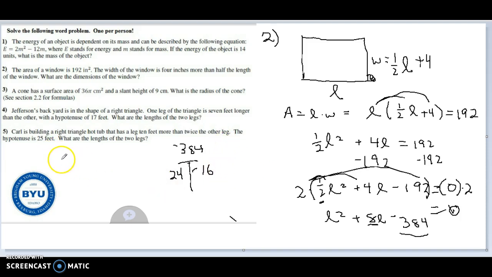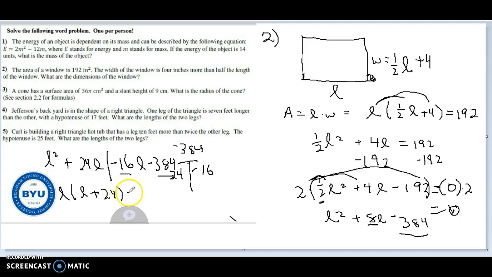So the next step is to rewrite the 8L as 24L minus 16L. And then we're going to factor by grouping. The first two terms have a common factor of L, and the second two terms have a common factor of negative 16.